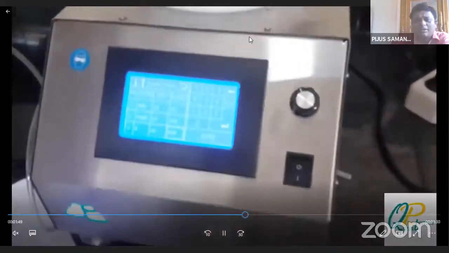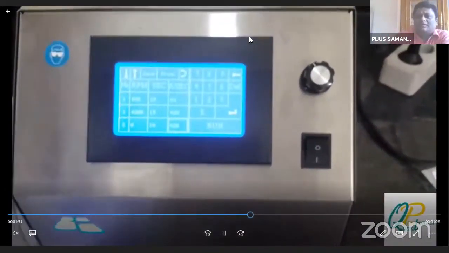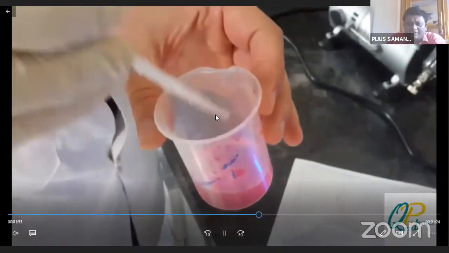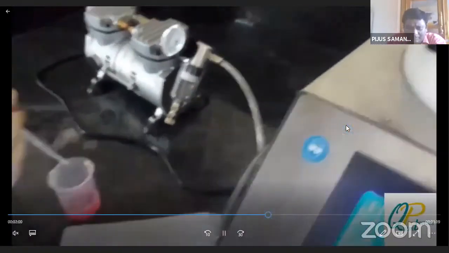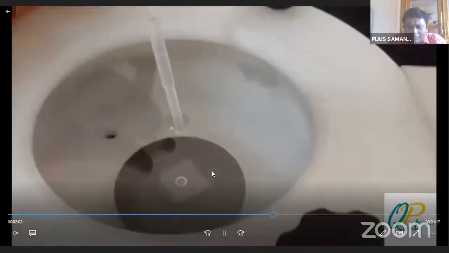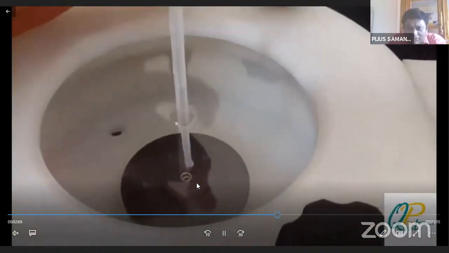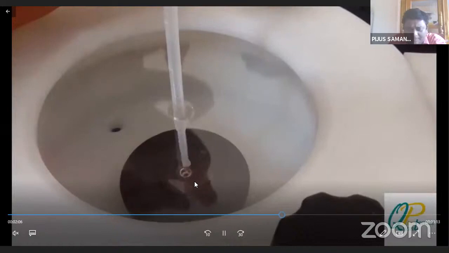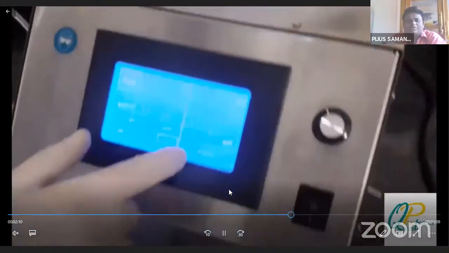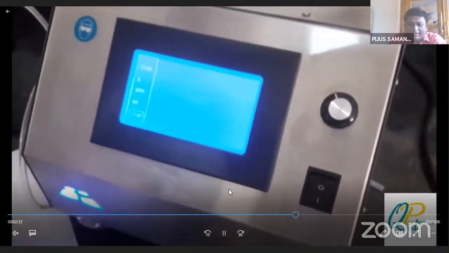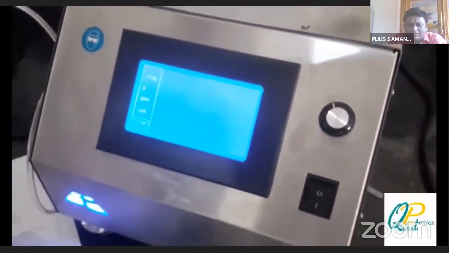covered, and now we will put the ink or the solution or the seed solution over the substrate. You see, this is the solution. We're taking droppers over here, and we are putting the solution over the substrate, drop by drop. And now we shall start the system so that the substrate starts rotating.